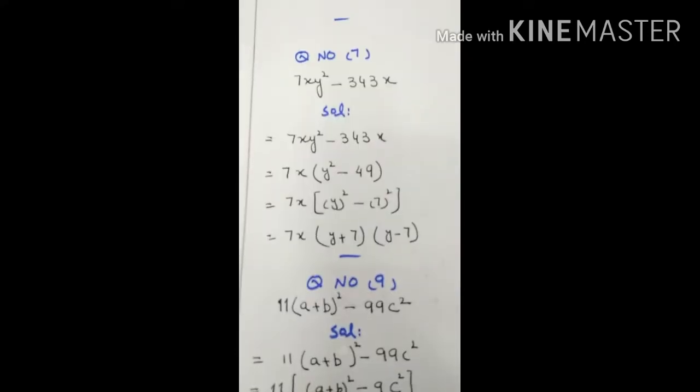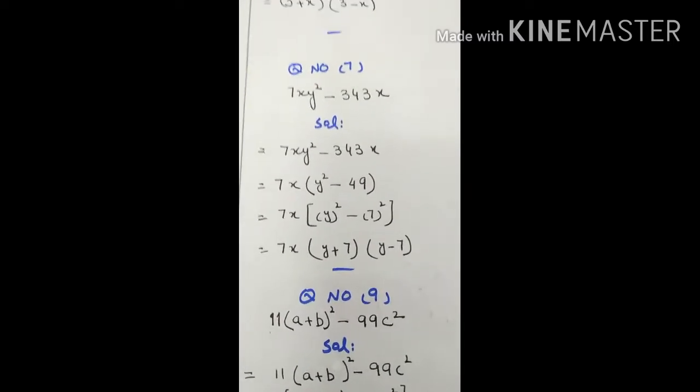Take the square root of y square, and 1 square. So it can be written as y plus 1, y minus 1, and 6 will be carried because 6 is common in this question. This is the answer of this question number 2. So we have factorized minus 6 plus 6y square, that is equal to 6 into y plus 1 into y minus 1.